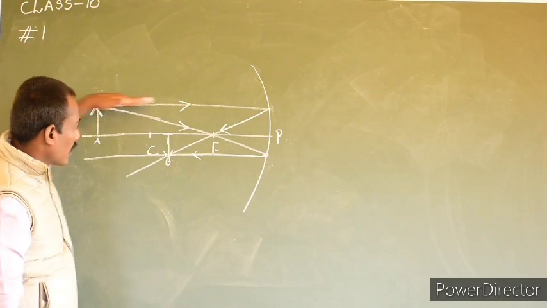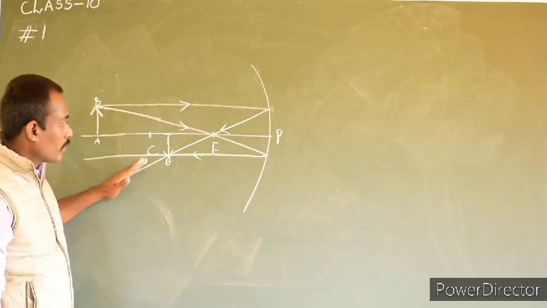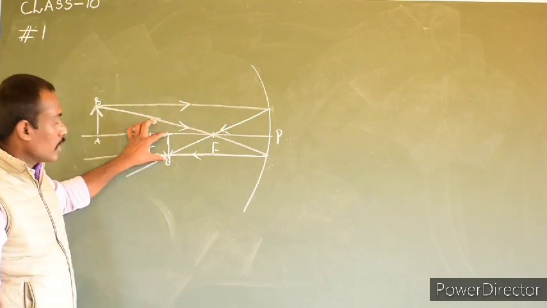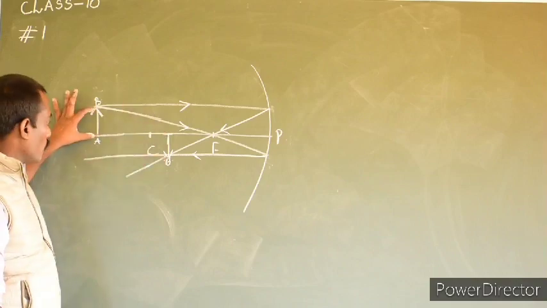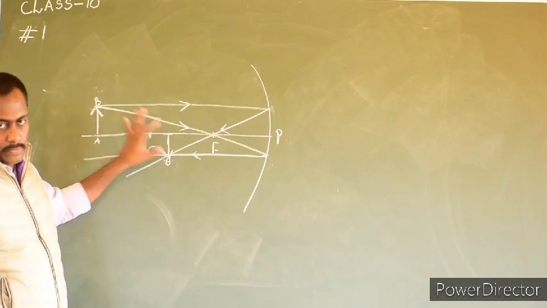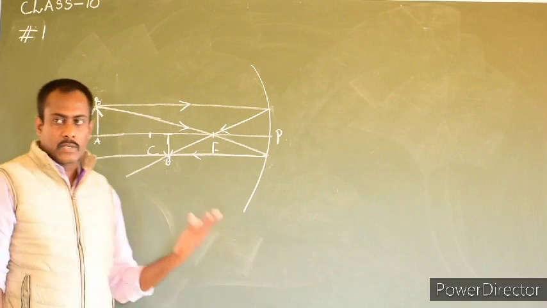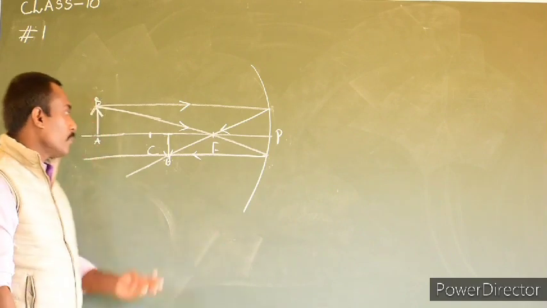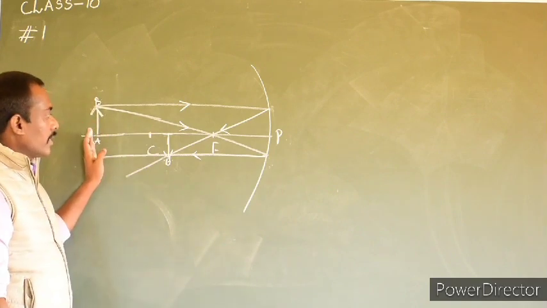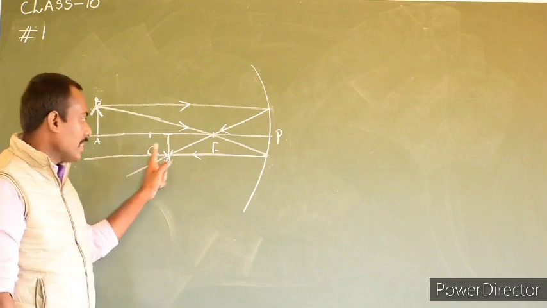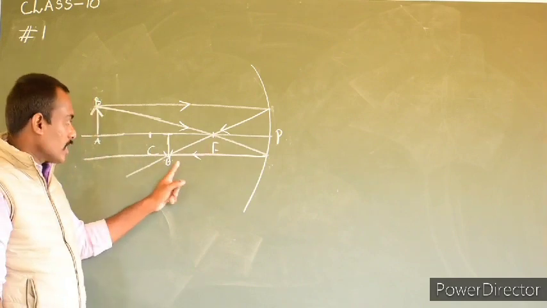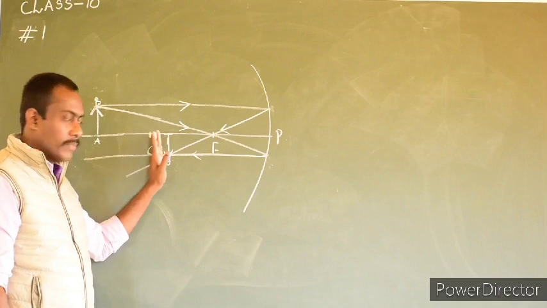If you draw these incident rays and reflected rays accurately, we can definitely distinguish the size between the object and the image. So we can conclude that when an object is kept beyond C, the image is formed in between C and F, and the image is inverted and formed on the same side of the mirror.